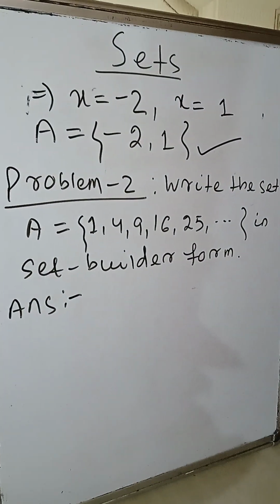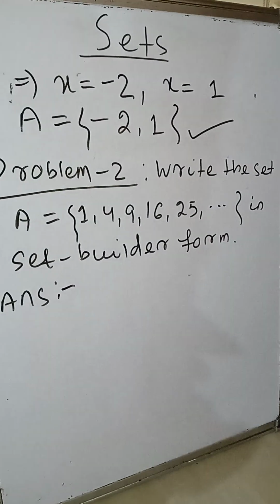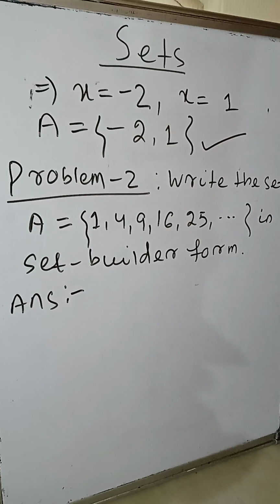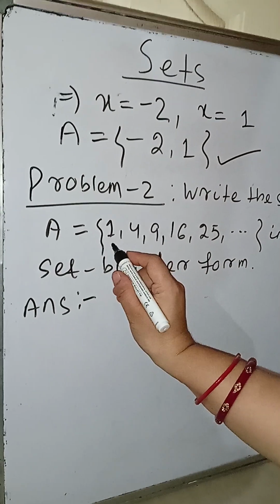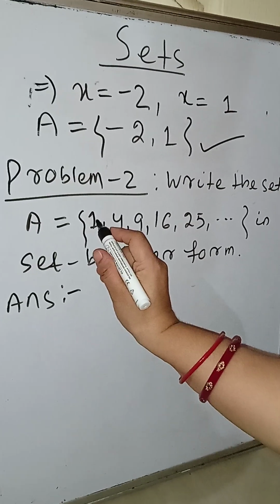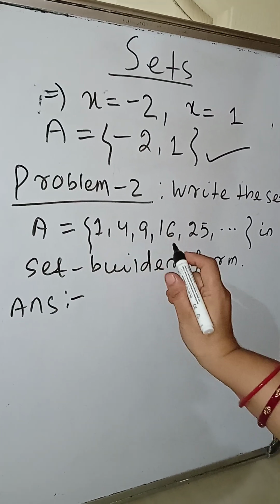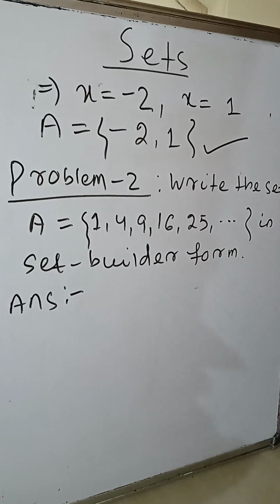It is very easy. What is the common property here? Set builder form means you have to use the common property, so that each element lies in that set. See, in the first case it is the square of 1, in the second case it is the square of 2, in the third case the square of 3, then the fourth number is the square of 4, then the square of 5, square of 6, like this.